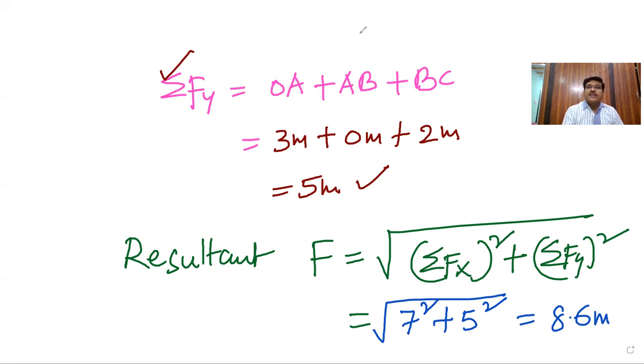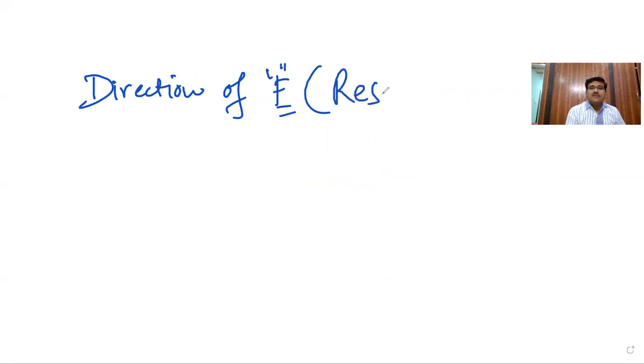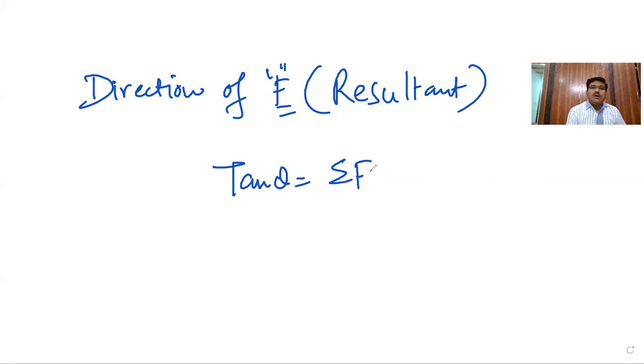Okay. Now I need the direction. The direction of F, here I am giving it the name resultant. What is the resultant direction? Tan theta is equal to sigma of all the y components by sigma of all the x components.